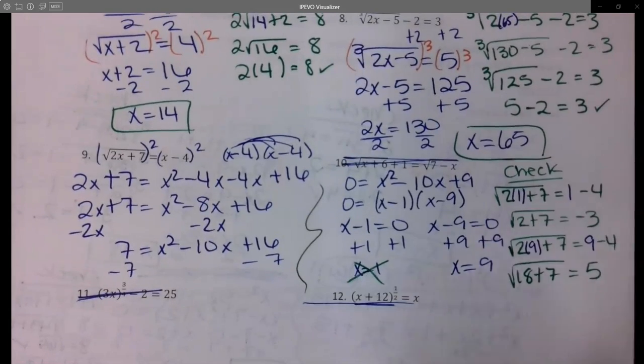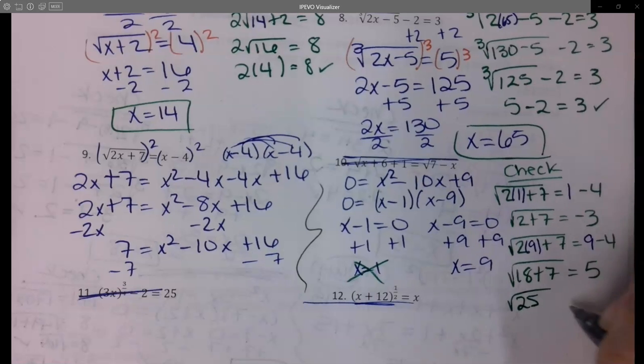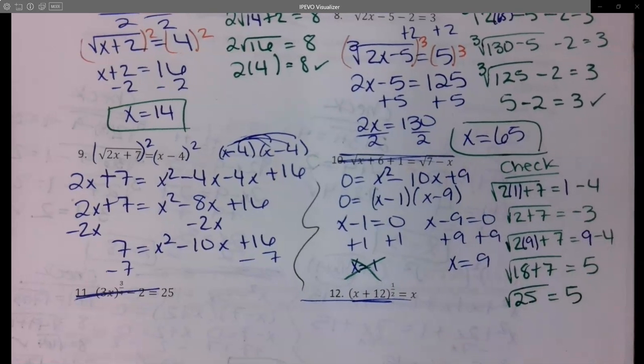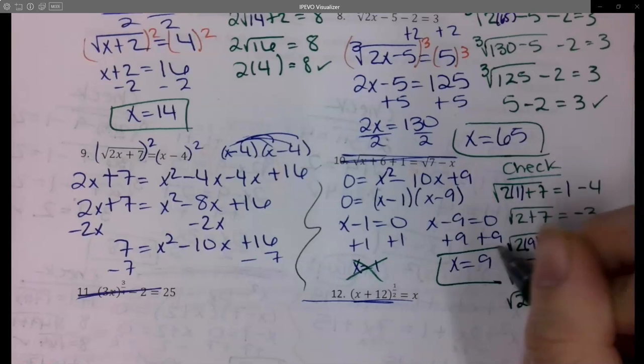Oops. 18 plus 7 is 25. Square root of 25 is 5, so 9 is my answer.